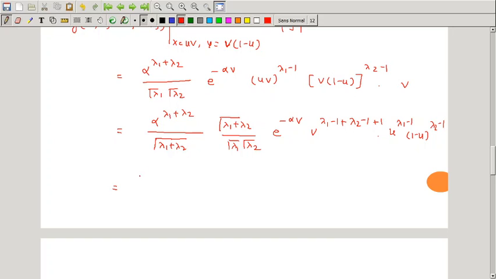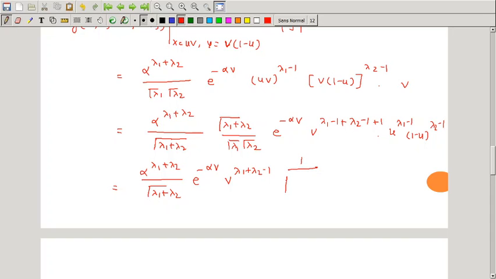So I have separated it as alpha raised to lambda 1 plus lambda 2 over gamma lambda 1 plus lambda 2, e raised to minus alpha v, v raised to lambda 1 plus lambda 2 minus 1, and gamma lambda 1 plus lambda 2 over gamma lambda 1 into gamma lambda 2.